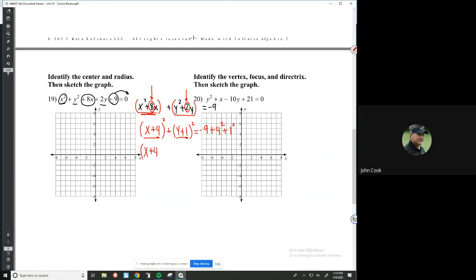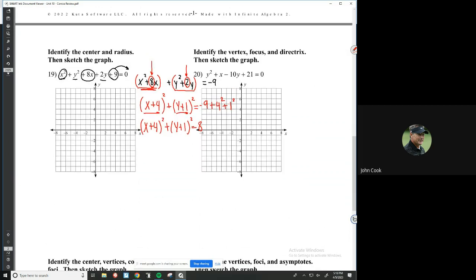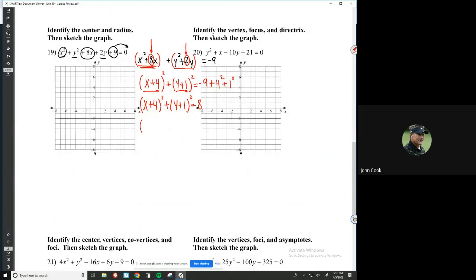So it's going to be x plus 4 squared plus y plus 1 squared equals 16 plus 1 is 17, 17 minus 9 is 8. Okay, so equals 8. So that means our center is going to be located at, if you look at the equation for a circle, x minus h squared plus y minus k squared equals the radius squared.